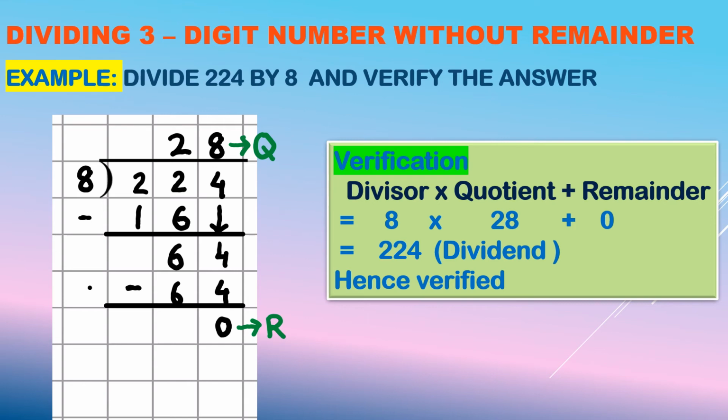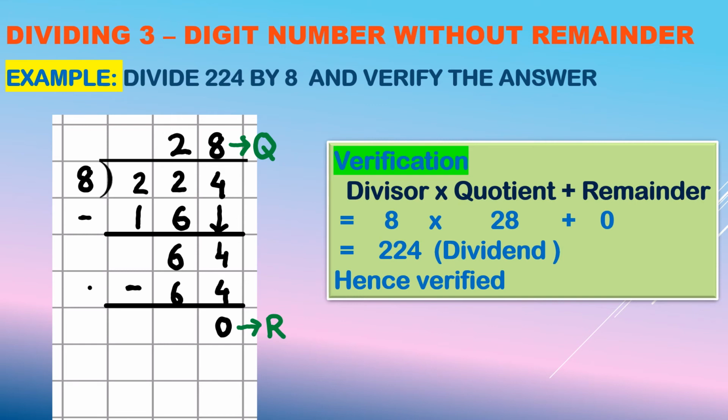Now let us check our division. So we have already learned that we can check our divisions by multiplying divisor into quotient and then add remainder. Here in this division, quotient is 28 and divisor is 8.